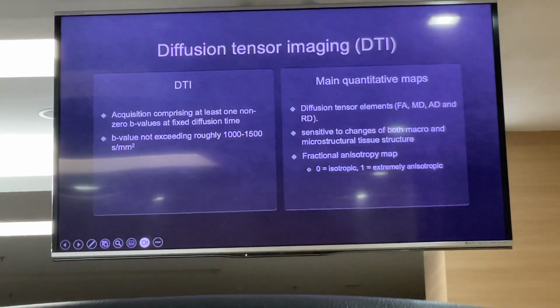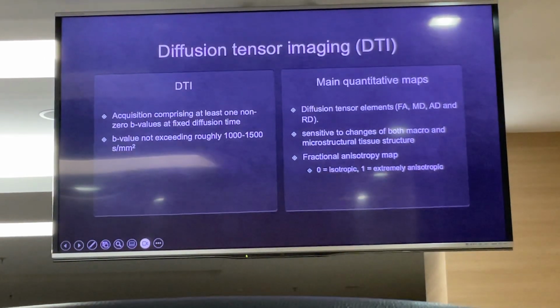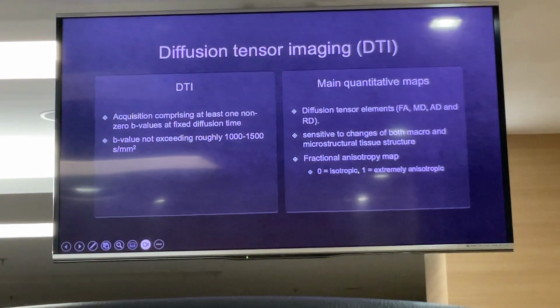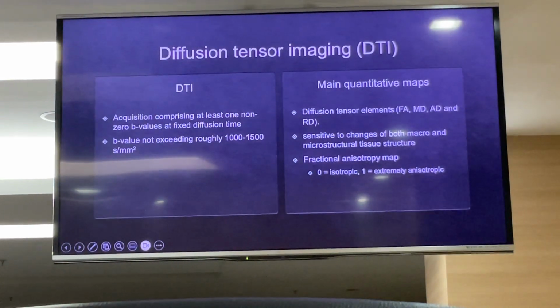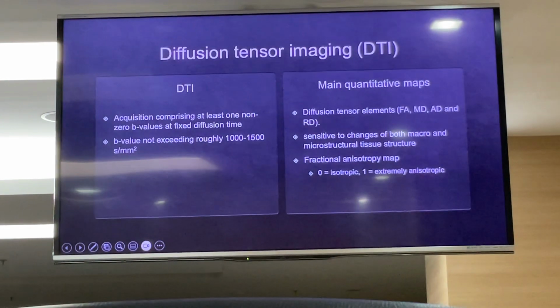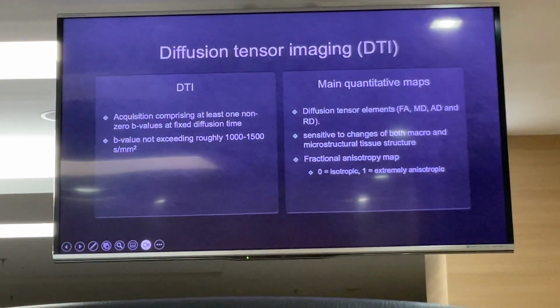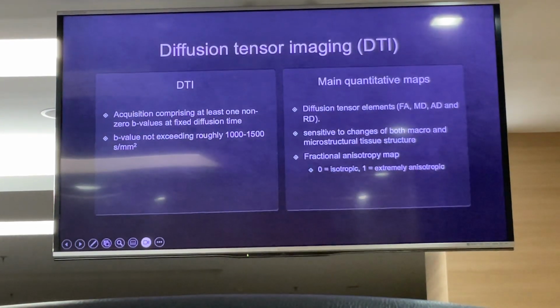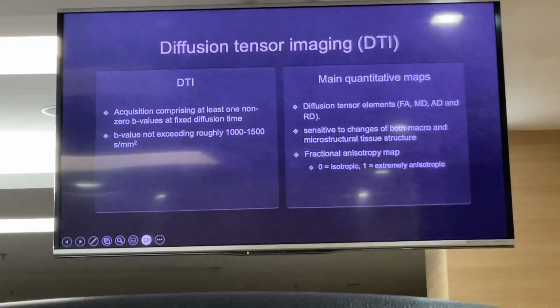So I will move to the research section. Some of these studies have been conducted in Thailand and some at NGH. Diffusion tensor imaging, let's start with this. The acquisition comprises at least one b0 value and a fixed diffusion weighting, roughly not exceeding 1000 or 1500.